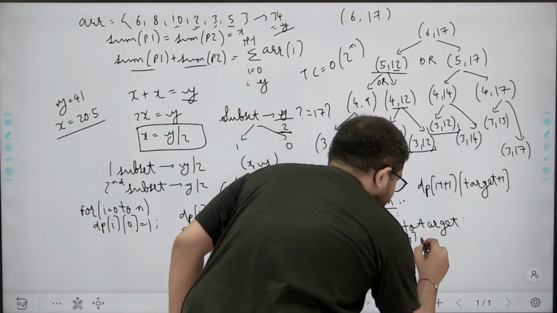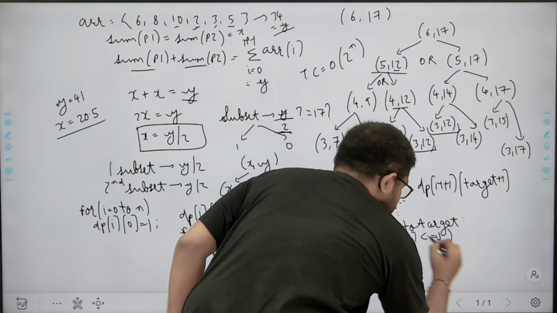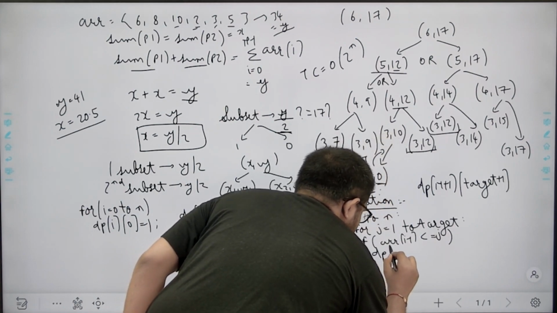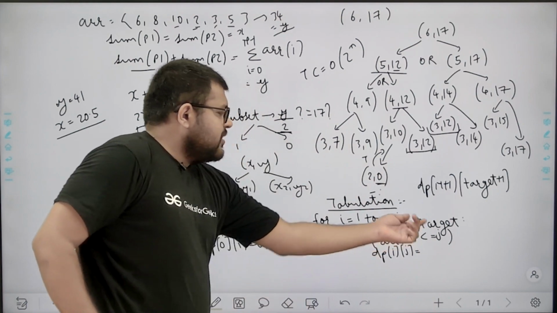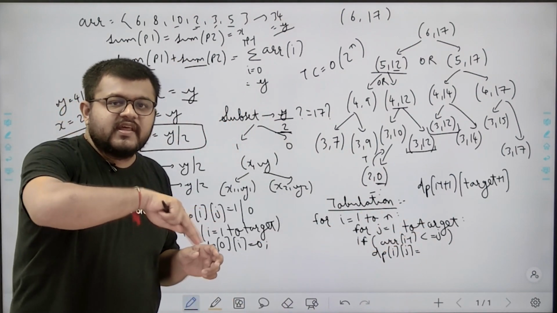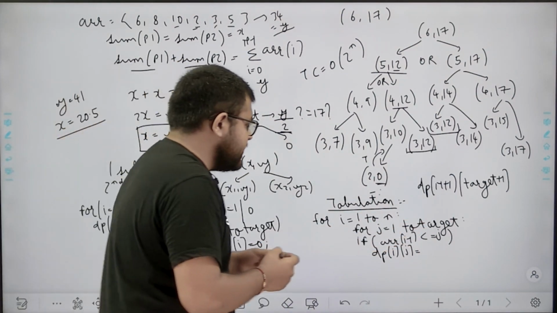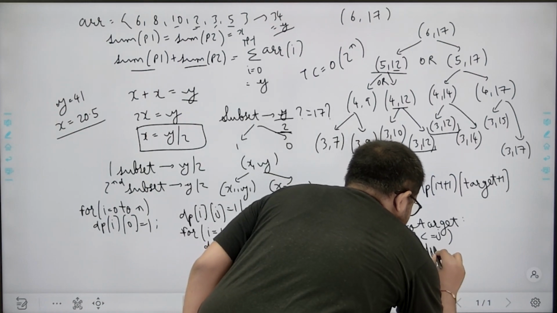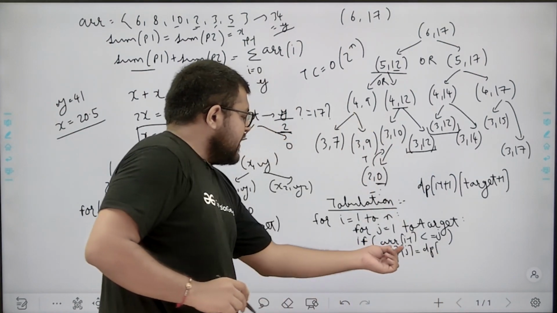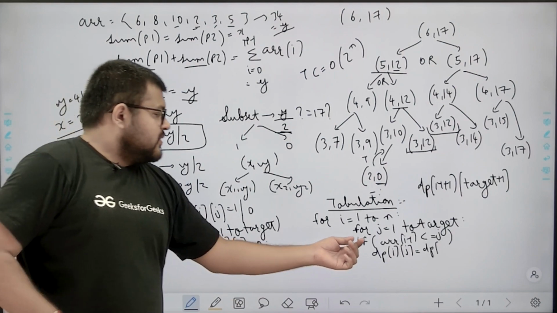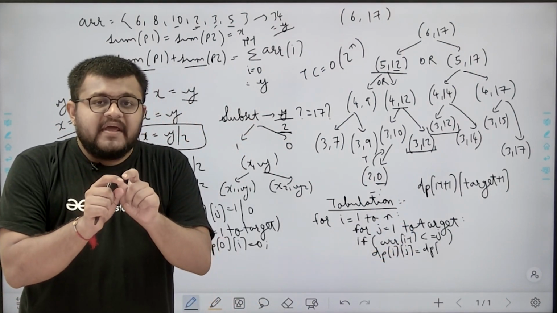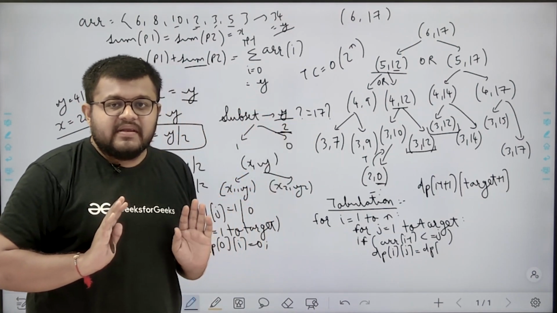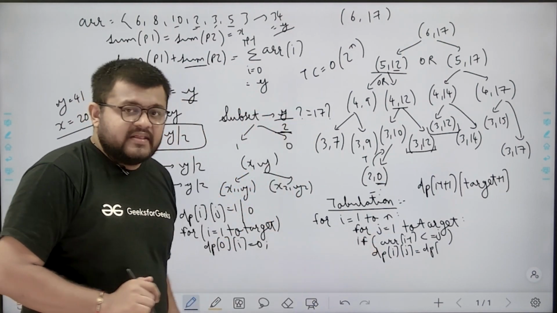So if array of i minus 1 is less than equal to j, then dp of i j would be equal to, now I have two choices, whether to consider that element or not to consider that element. So if I consider that element, then my remaining sum would be what? j minus array of i minus 1, and I need to obtain that using the first i minus 1 elements, because I have got the ith element.